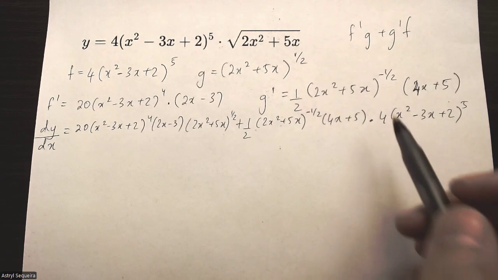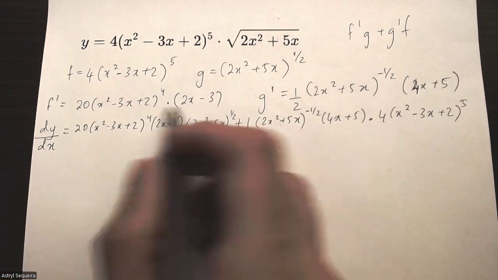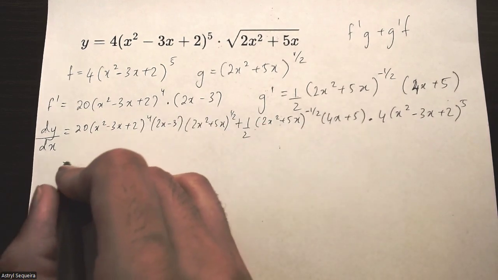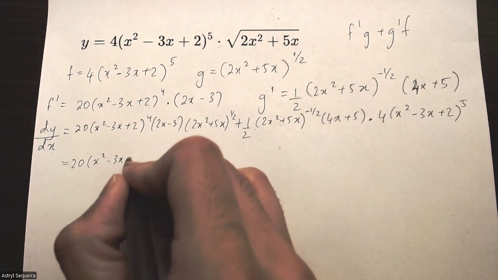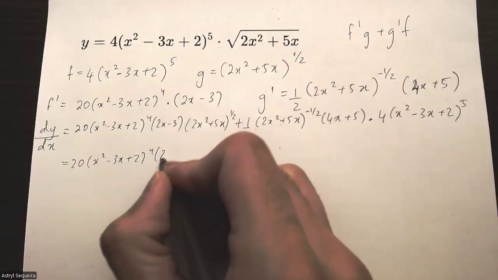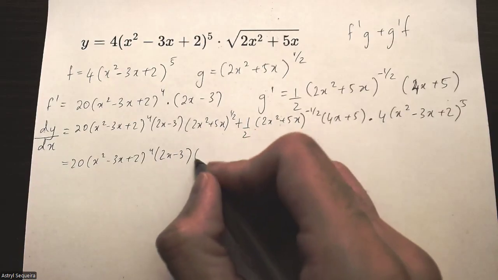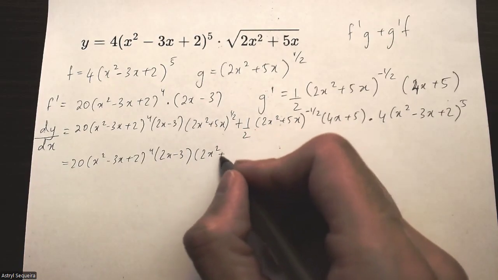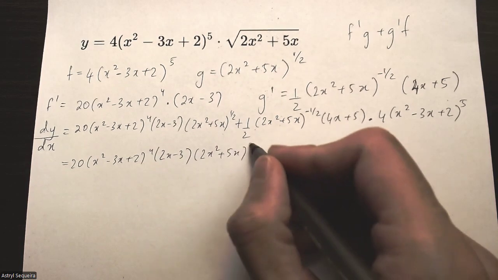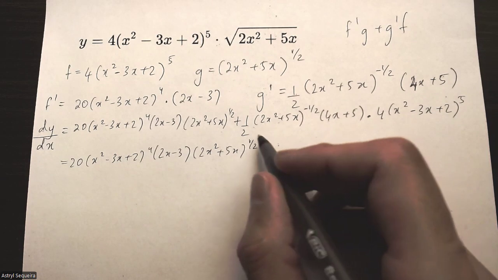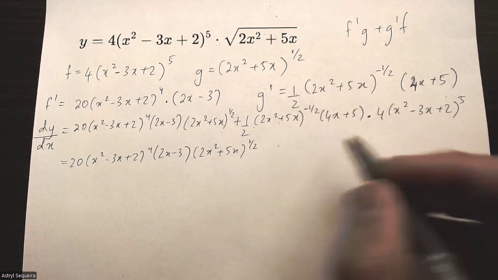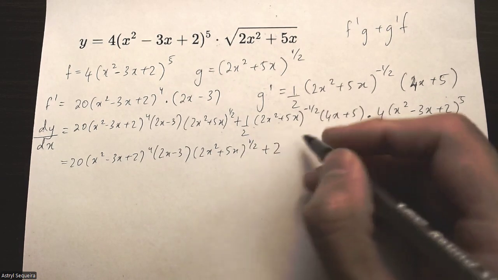And now I can simplify this. So first term, nothing to really simplify over there. I'll just write that the same. And then over here, I can do 1 over 2 times 4, which is just 2.